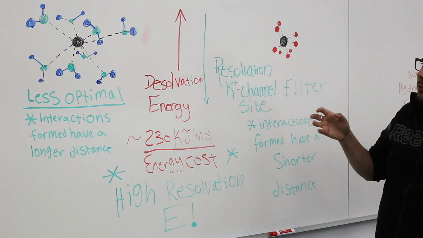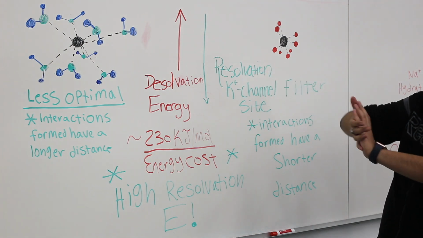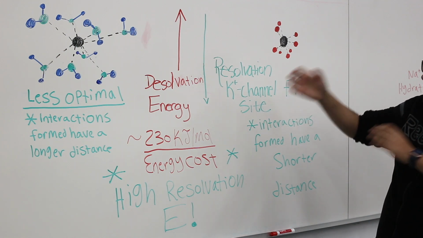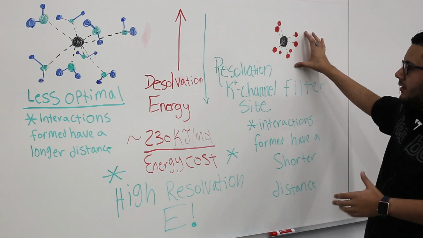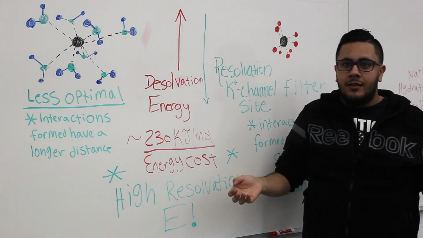So if we were to invest energy and break the interactions between potassium and water and reform interactions with the carbonyls in the filtering region, we'd actually get our energy back.